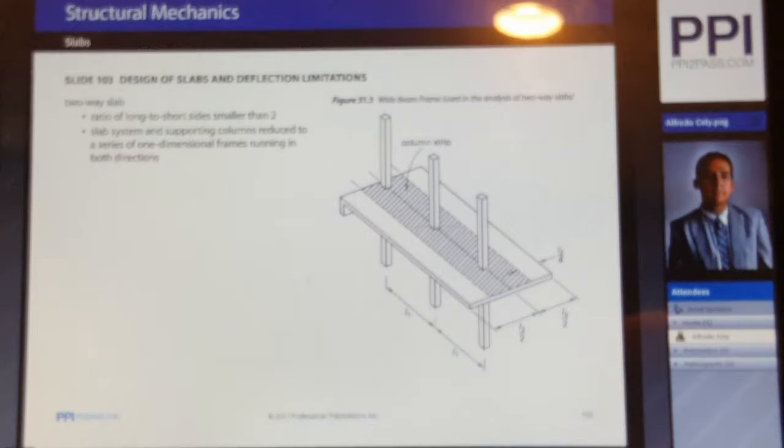Now for two-way slabs. The ratio of long to short sides is smaller than 2, and the slab system and supporting columns are reduced to a series of one-dimensional frames running in both directions. Figure 51.3 shows you a detail of a wide beam frame, which is used in the analysis of a two-way slab.